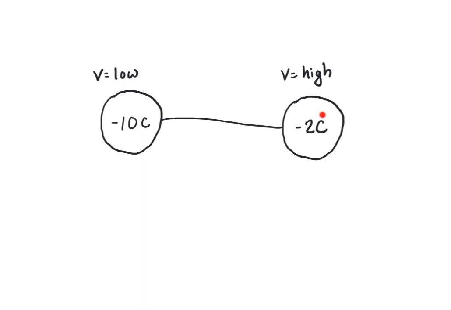So the electrons on the right are already at high potential. They're where they want to be. But the electrons on the left-hand side are at low potential, and so they are going to tend to be pushed towards the high potential side.